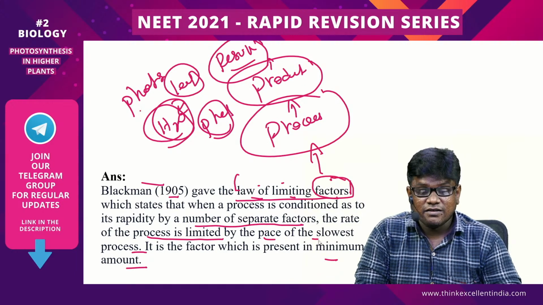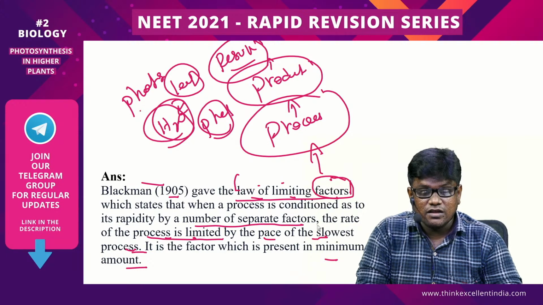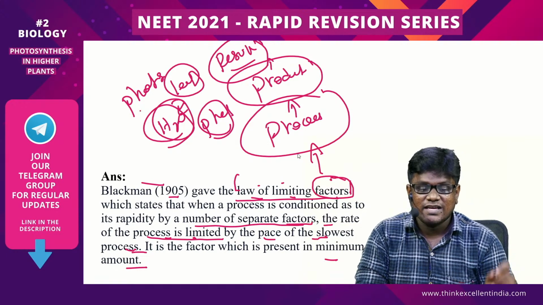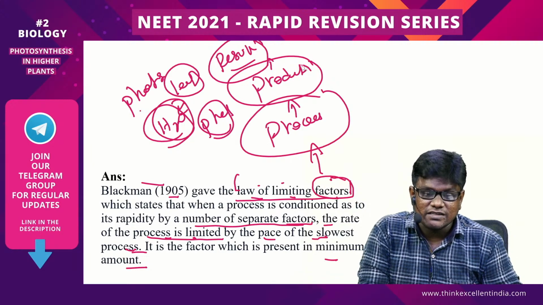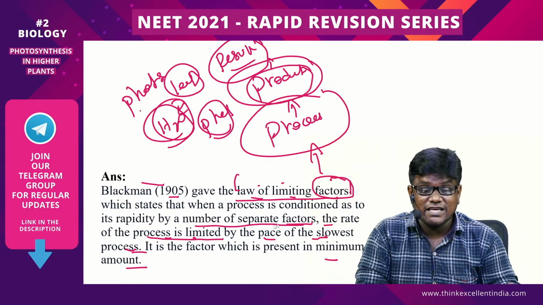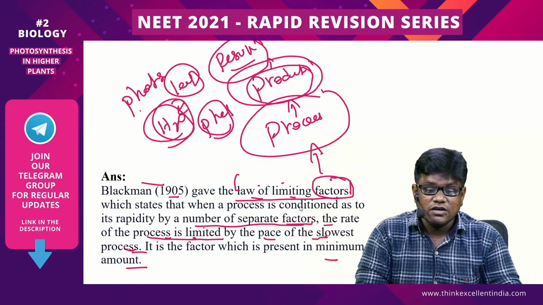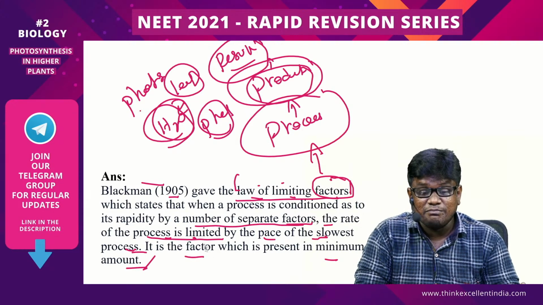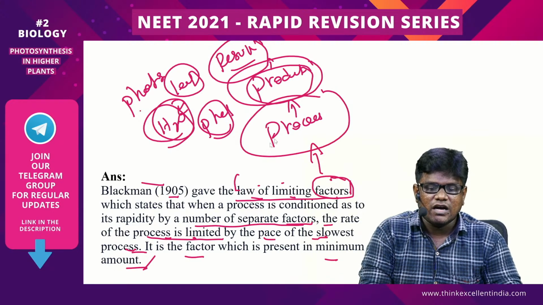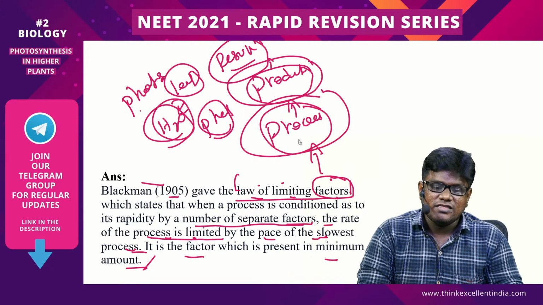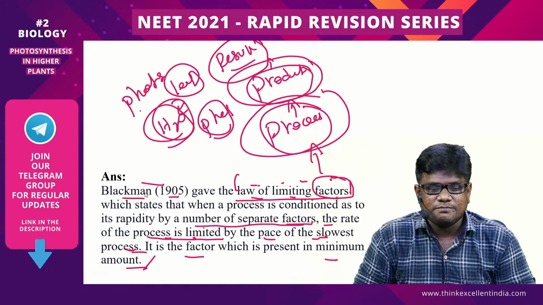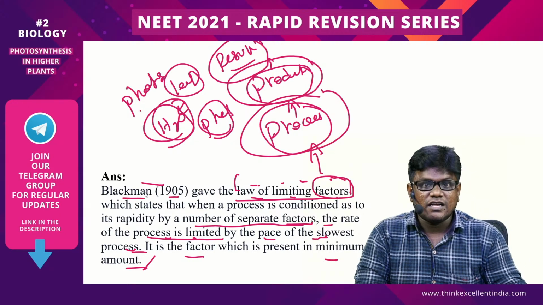And here the rate of the process is limited by the separate factors, the factors which inhibit the product production in the physiological process. If a factor is in minimum amount, it inhibits the process, and that is the law of limiting factors proposed by Blackman. Okay, is it clear, students?